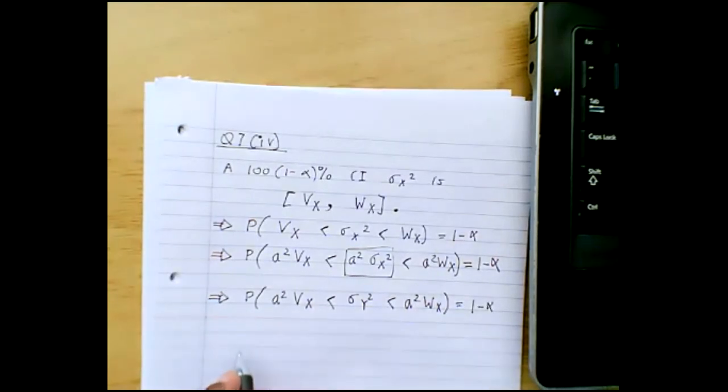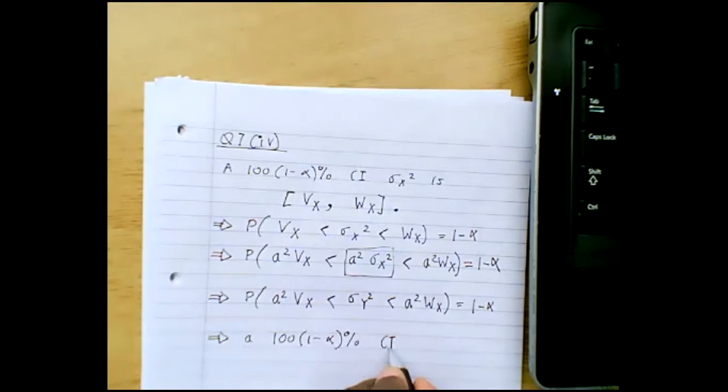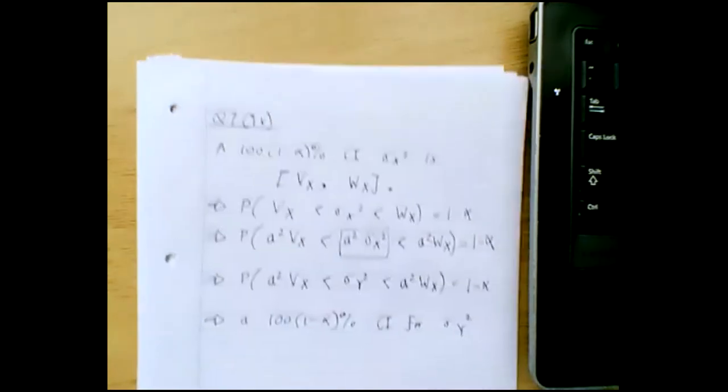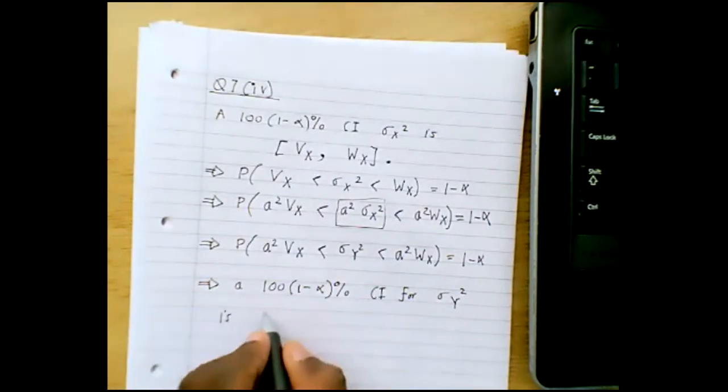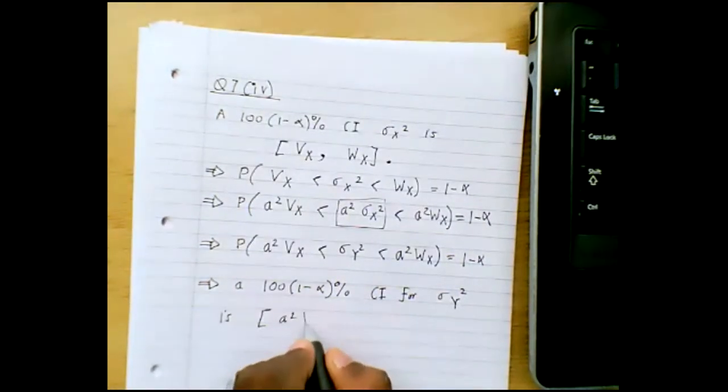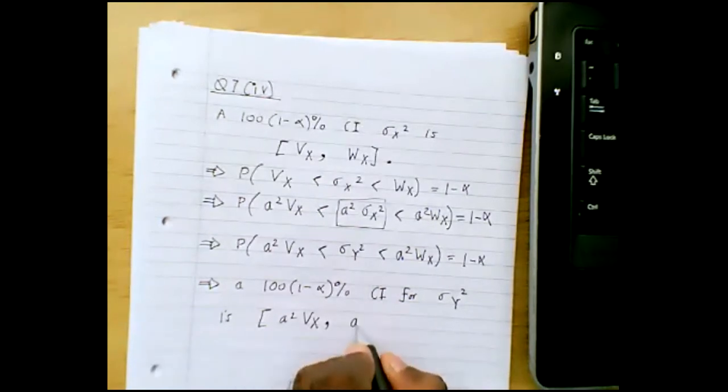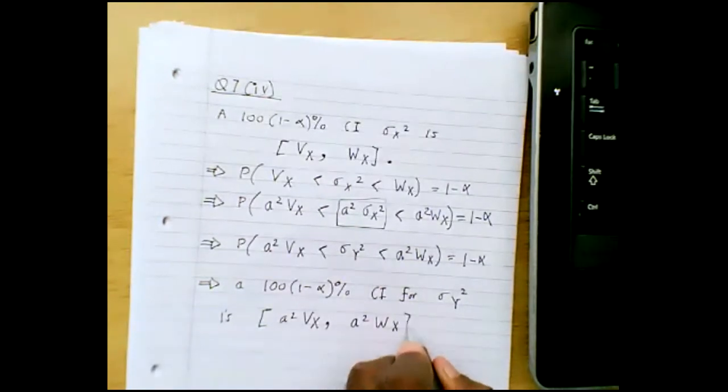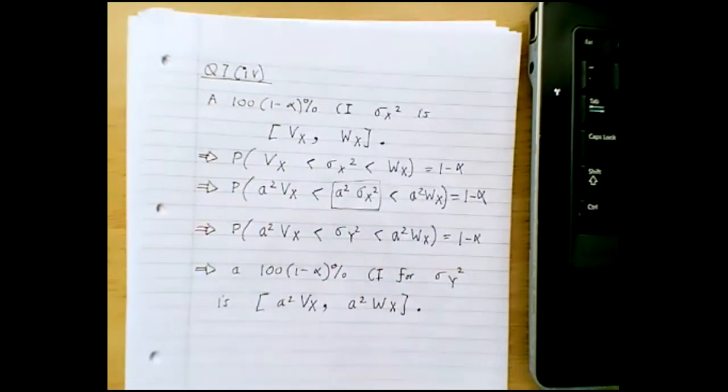So this implies that the 100 times 1 minus alpha percent confidence interval for the population variance of y is the interval from a squared Vx to a squared Wx. So this completes the final part of question number 7.